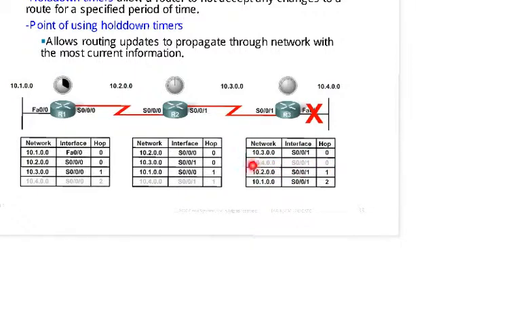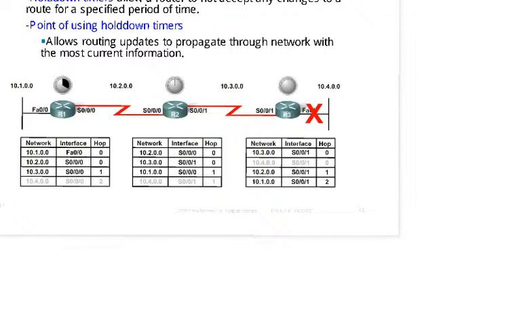But I will mark this entry as a frozen entry. And I will update the other routers that remember that this entry is now frozen. And the entry is defined by destination address. So I will inform router 2 that this entry is now frozen, which means do not accept any route update for this destination network for a period of time.